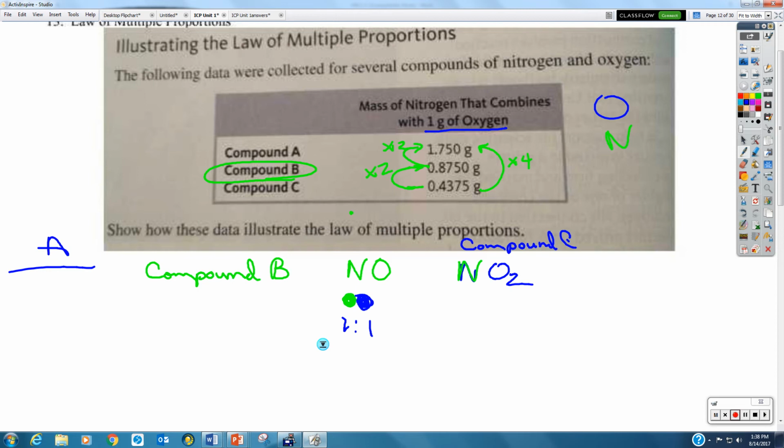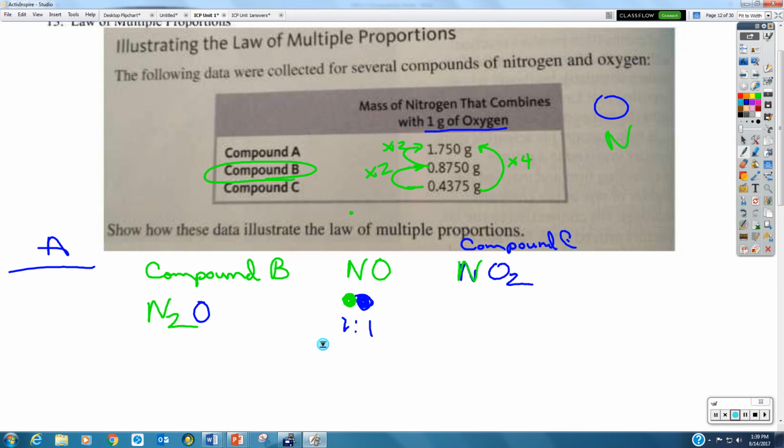You have twice as many nitrogens, and so the relative proportion is going to stay the same. Oxygen isn't changing, so it's going to be N2O. So based off of this information, we get 3 different sets on there.